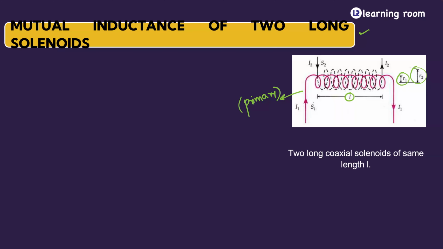So you can ask me, why are the solenoids connected in this way? The reason is very simple. If you take one coil like this, another coil like this, and place them in this way, let's assume this is one coil and this is another. One is connected to the battery, which is called the primary, and this one is connected to the load, which is called the secondary.